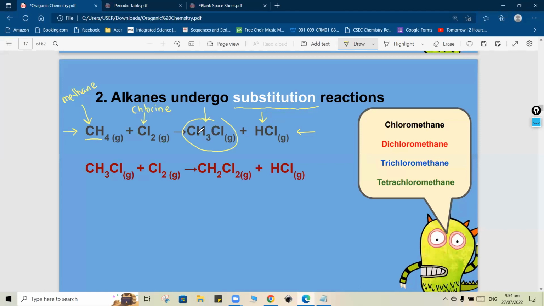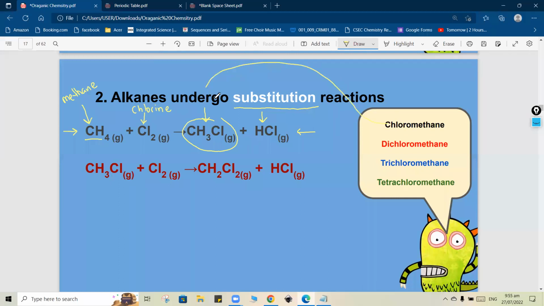Do you think it's fair to call this guy methane also? I don't think it's fair to call him methane because methane has 1 carbon and 4 hydrogens. He only has 3 hydrogens and he has this chlorine attached to him. So he has a new name.